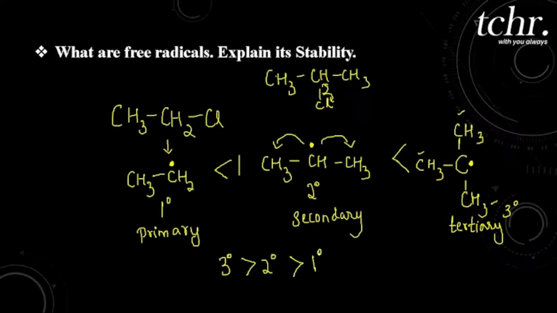So when asked to explain the stability, you write the primary, secondary and tertiary structures of free radicals, and write in increasing order which is more stable.